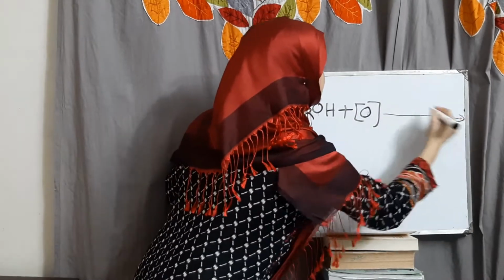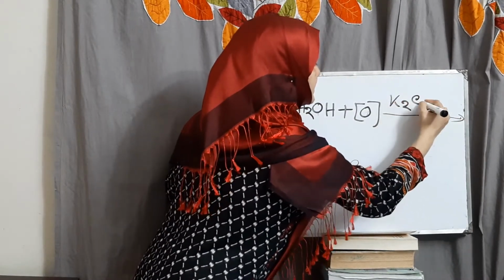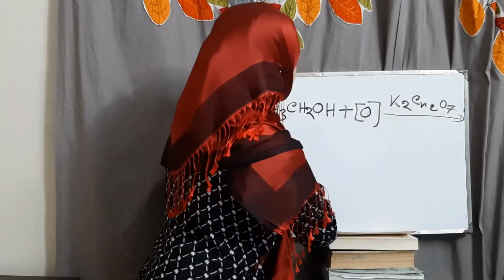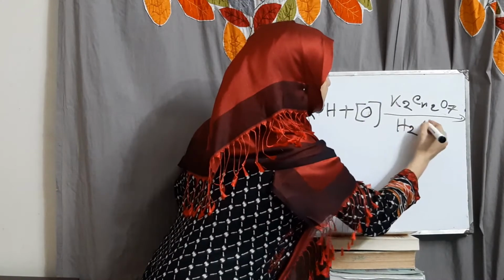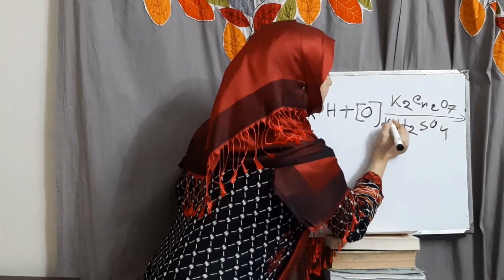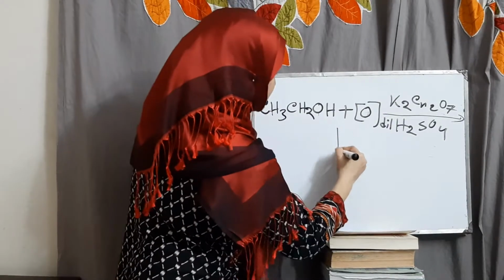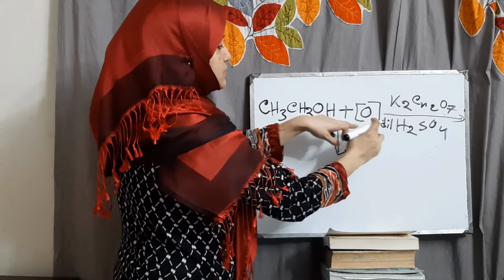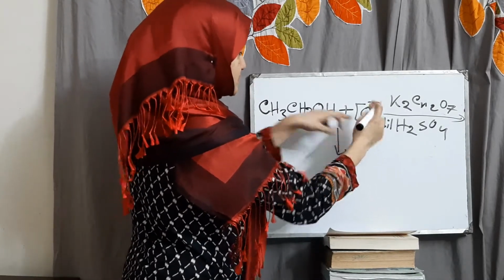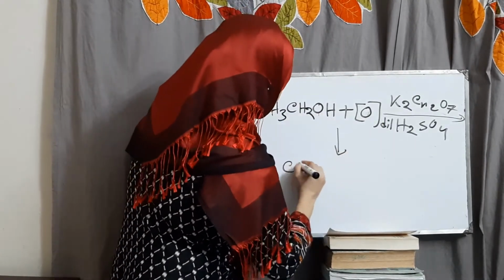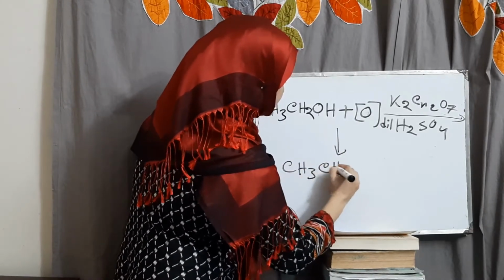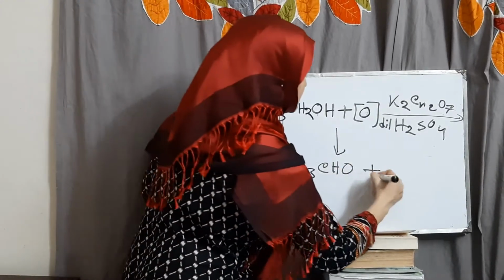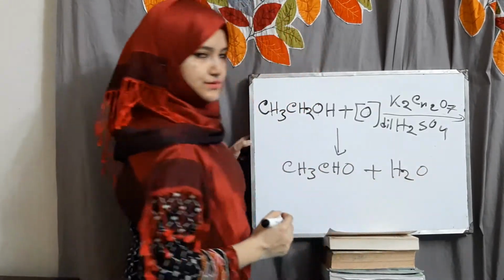This nascent oxygen oxidizes the alcohol. Two hydrogen atoms are removed by this nascent oxygen, that means water is removed, and this alcohol turns into aldehyde, and 1 molecule of water is produced.